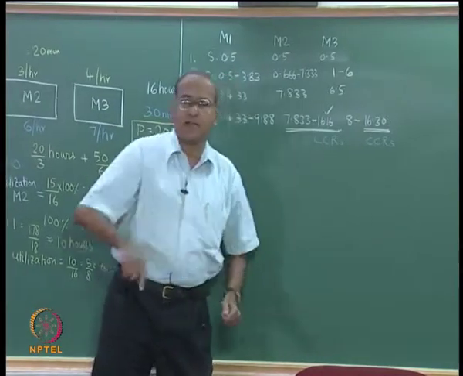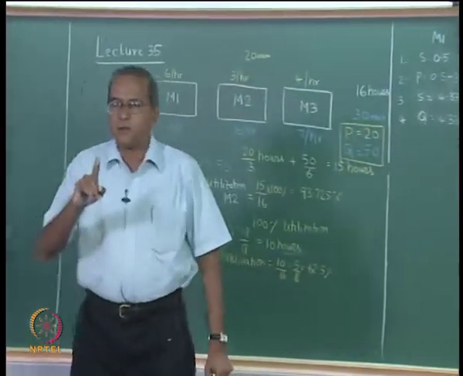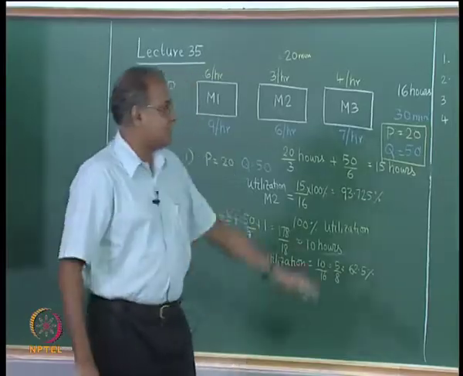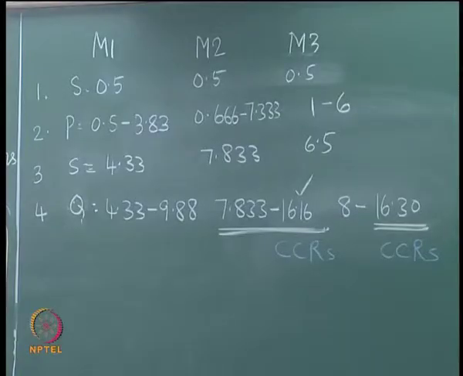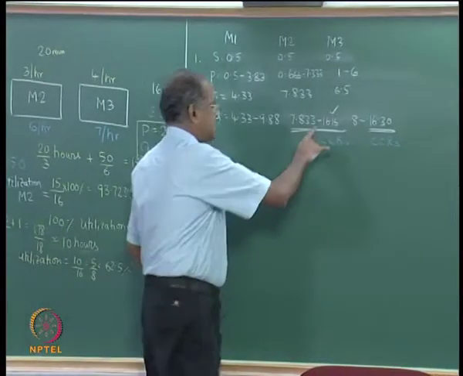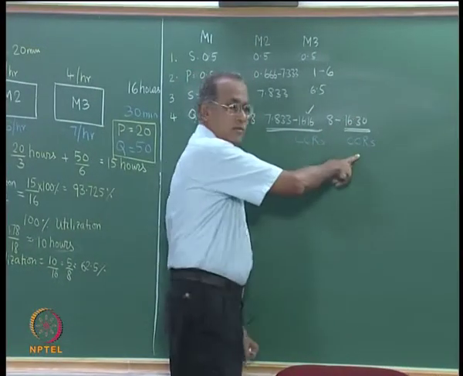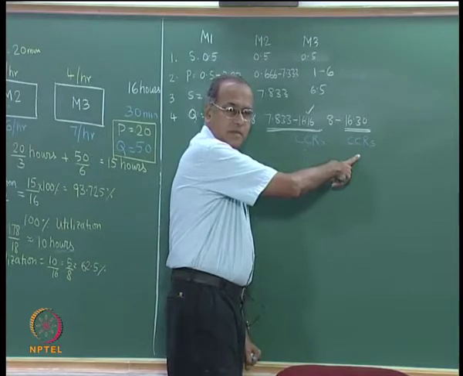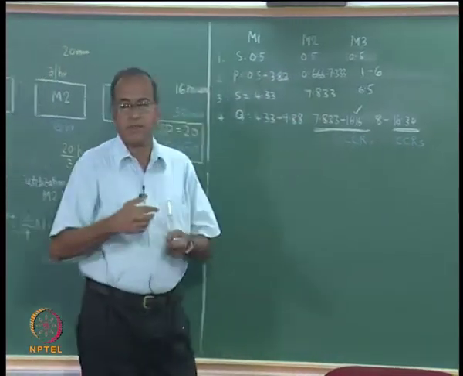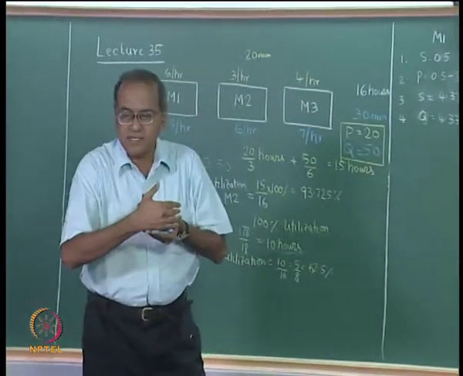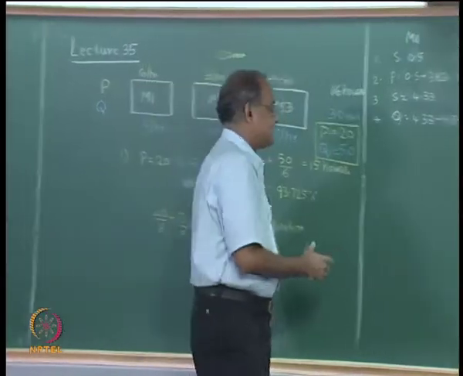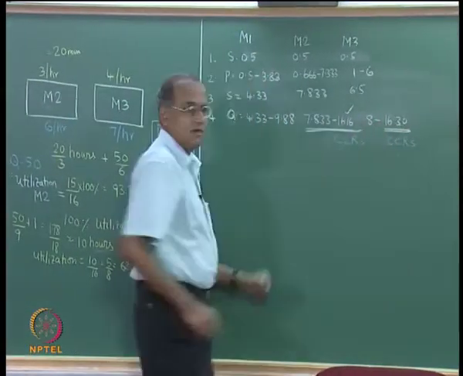The best scenario is when we can transport one piece, and that gives us 16.3. So in any case both will become CCRs. This is a bottleneck, this will become CCR, but as the transport batch size increases, this time will also keep increasing.